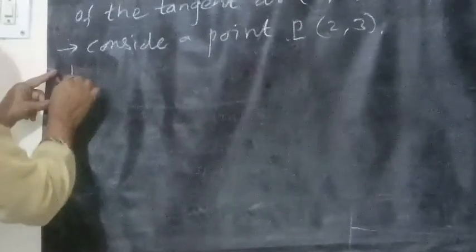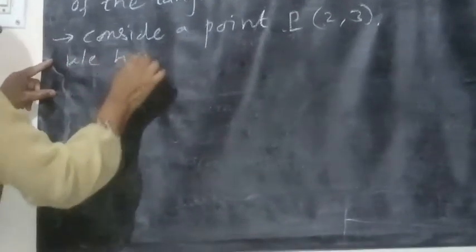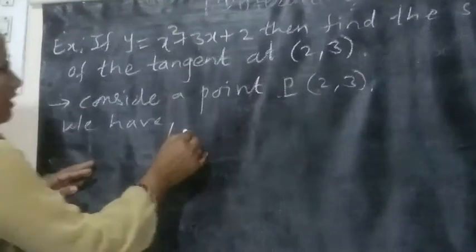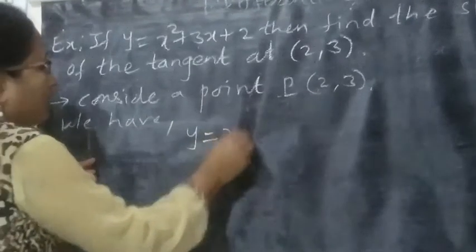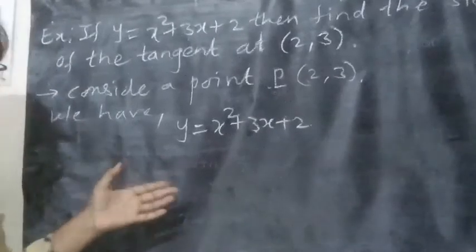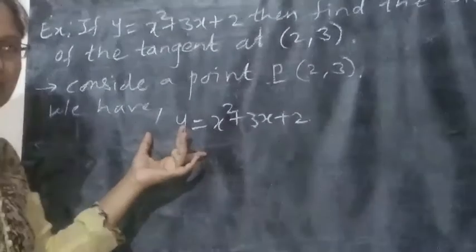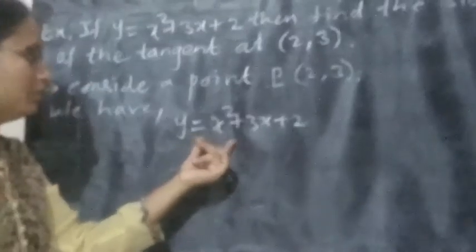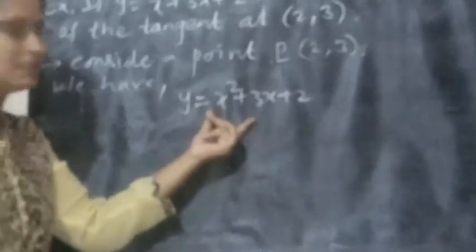But here we have a function y which is given in the x variable. Therefore y is equal to x square plus 3x plus 2. But we know that first we have to find the derivative of y with respect to x, because y is a function which is given in x variable.